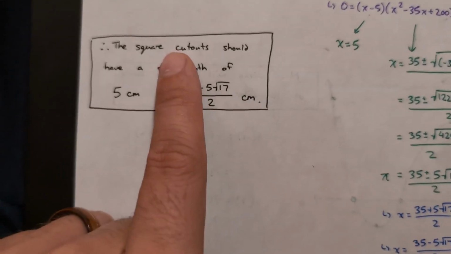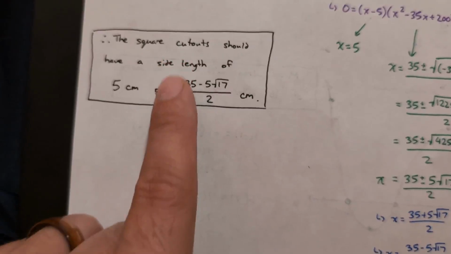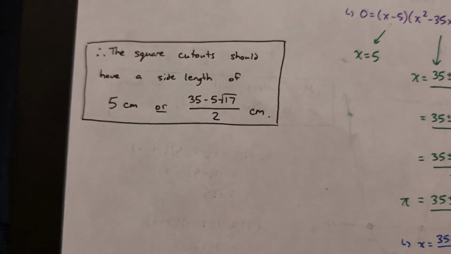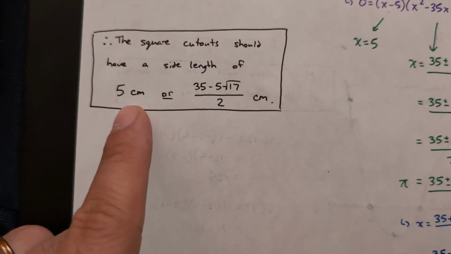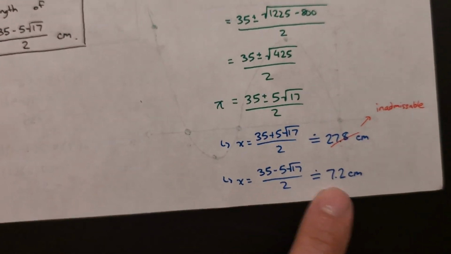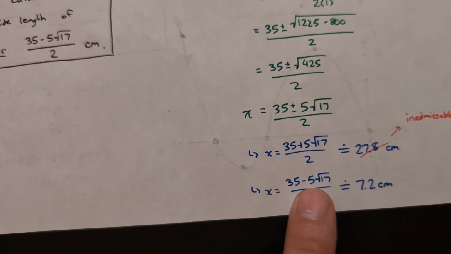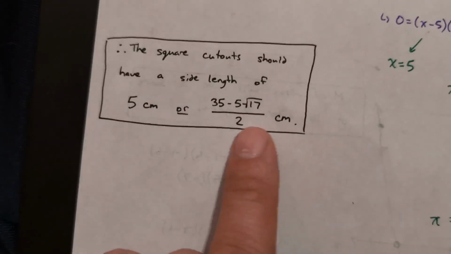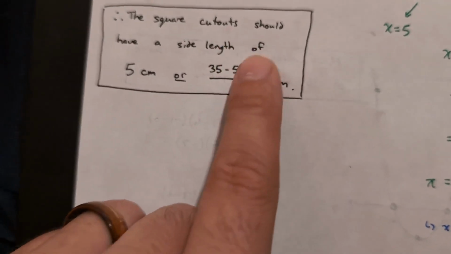So we can say, therefore, those square cutouts should either have a side length of 5 centimeters, or, well, that 7.2 is our 35 minus 5 root 17 over 2. And so this is our exact form.